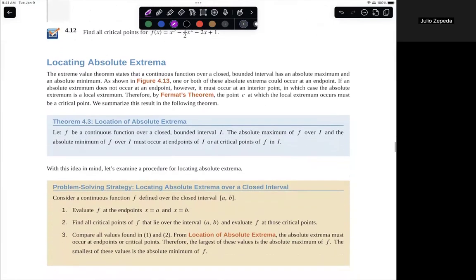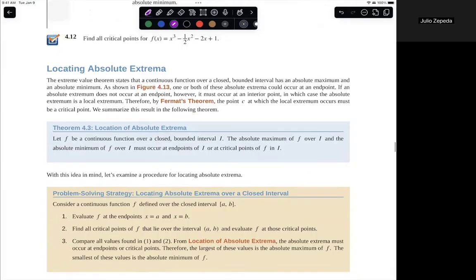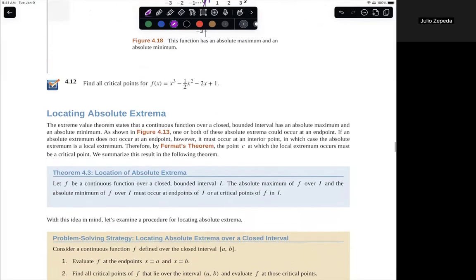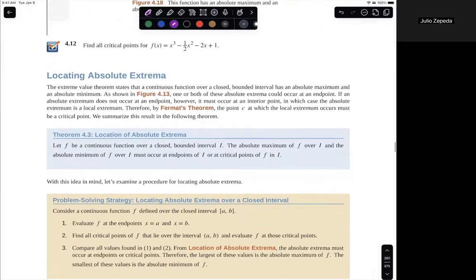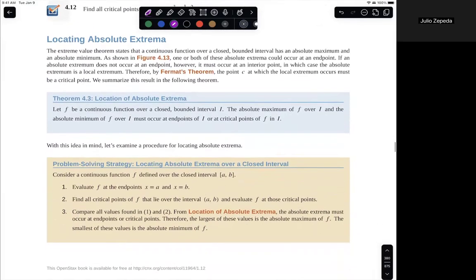Okay, so finally, locating absolute extrema. How do we find these absolute extrema that we defined at the beginning of this video? Well, there's a theorem that allows us to find the absolute extrema for a particular type of function defined over a particular type of interval.